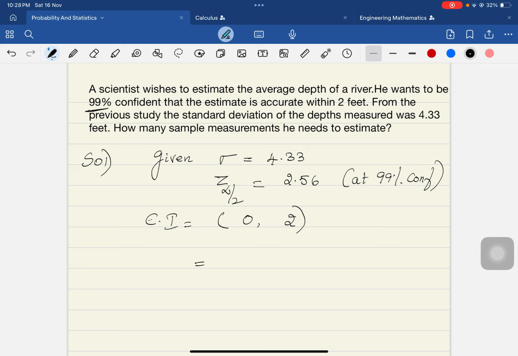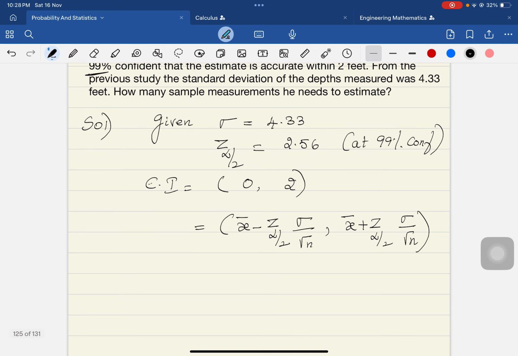So according to the formula, what is the confidence interval? X bar minus Z alpha by 2 times sigma by root n, comma, x bar plus Z alpha by 2 times sigma by root n. With the help of this confidence interval, your job is now to find x bar and n. The two unknowns are x bar and n.